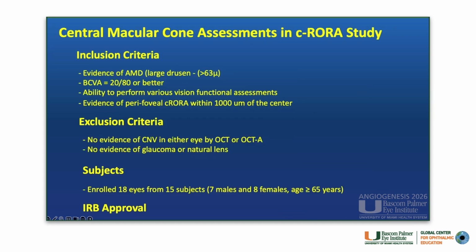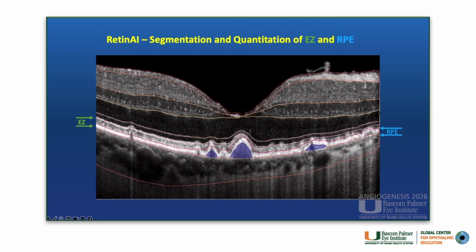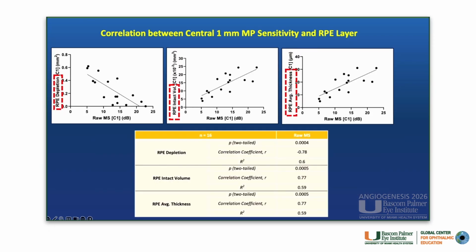So we've been interrogating further the center 1 millimeter with a focal microperimetry. You can see we get lots of sensitivities within the center 1 millimeter, and we can even look at structure-function by using Retina AI. And when we do that, we do see correlations to some degree with mean sensitivities and the average RPE changes.